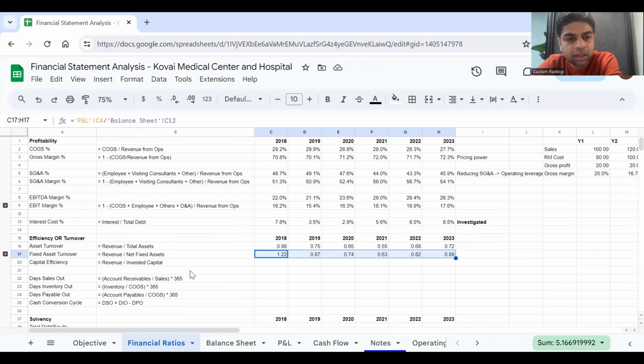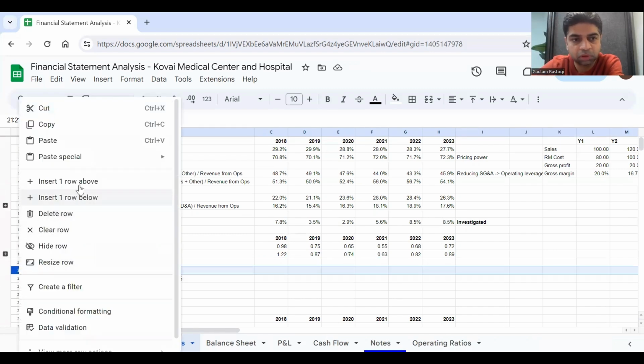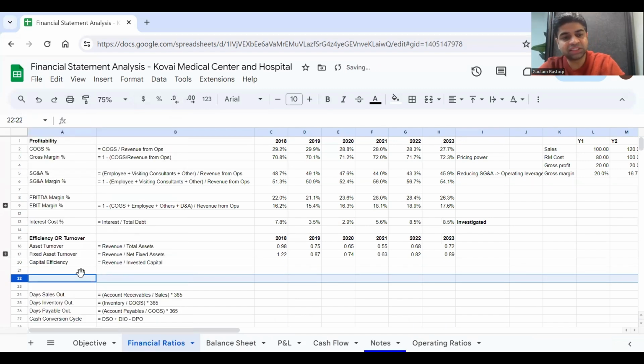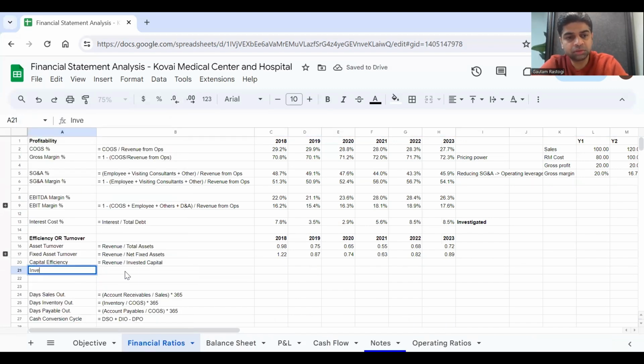And now let's talk about capital efficiency. That is the sales on invested capital. First, let's understand invested capital. There are two ways in which you could estimate invested capital.